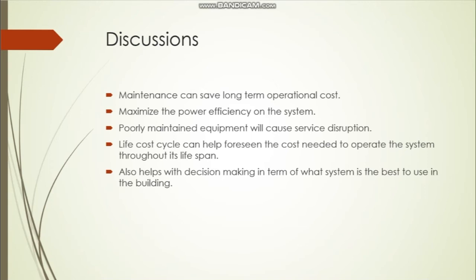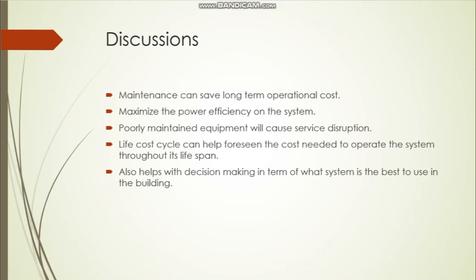That will cause the air conditioning system to not work properly, and the air circulation inside the building will be full of dust and can cause sick building symptoms.